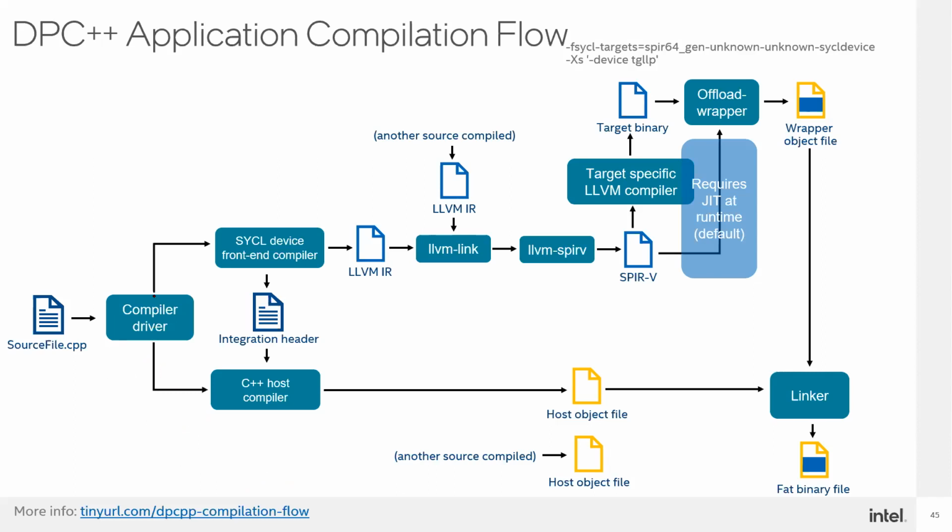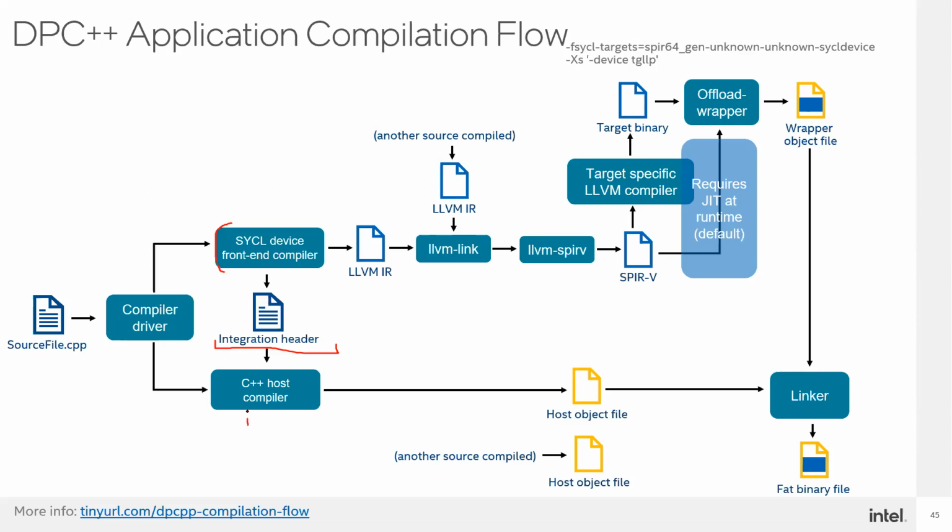Under the hood, this driver invokes as a first step the SYCL device front-end compiler, which generates the integration header file. This header file has the definition of your kernel code, and it is invoked in the form of a function then in your host code. The generation of this integration header file allows you to compile your C++ host code with actually any C++ host compiler.